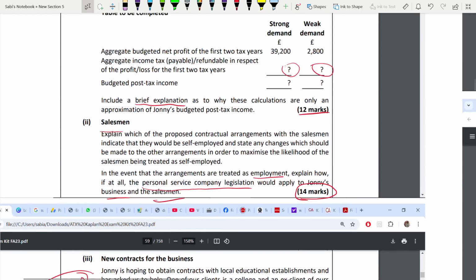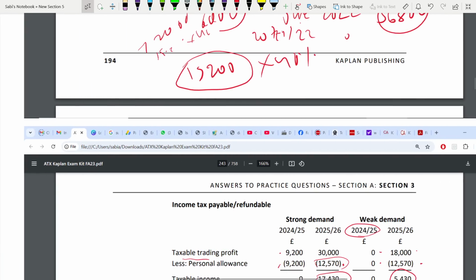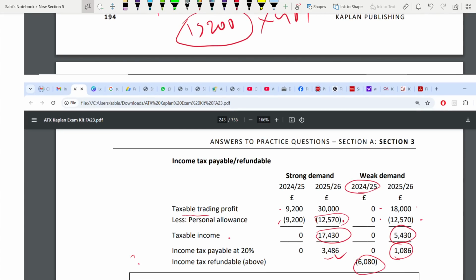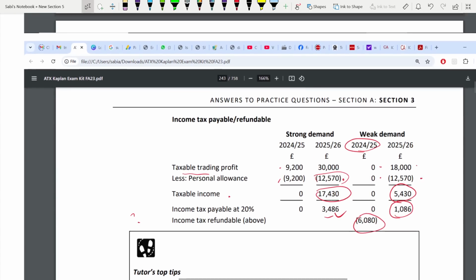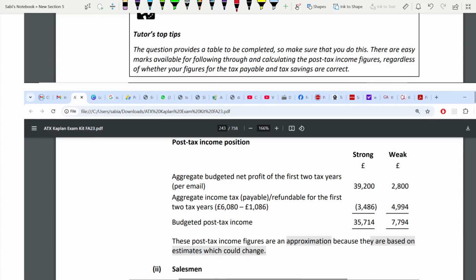Now we are filling this table. Earlier what we have done is, once we got the trading profit, from trading profit we deducted personal allowance because we want to get the taxable income. And on that we calculated tax payable and refund. But now we are calculating the table. So this has been given to you.